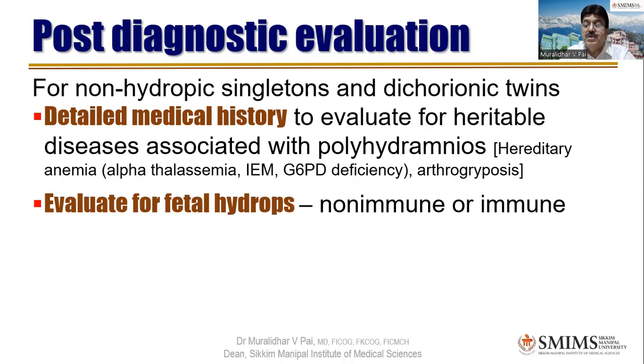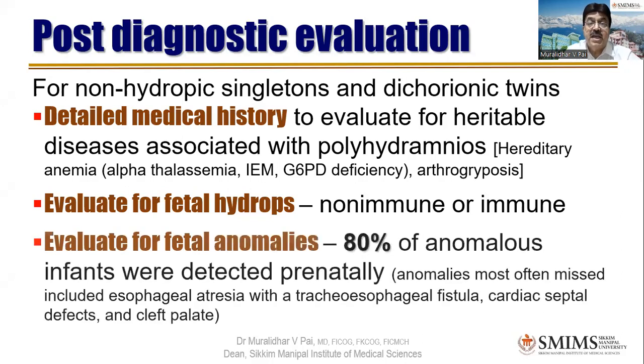So it could be non-immune or immune. Immune obviously is Rh immunization. Non-immune, there's a big list of things, starting from cranial CNS problems to respiratory problems to GI problems to renal problems and so many other skeletal problems. Evaluate for fetal anomalies. Just now we saw fetal anomalies can give rise to polyhydramnios. 80% of anomalous infants were detected prenatally.